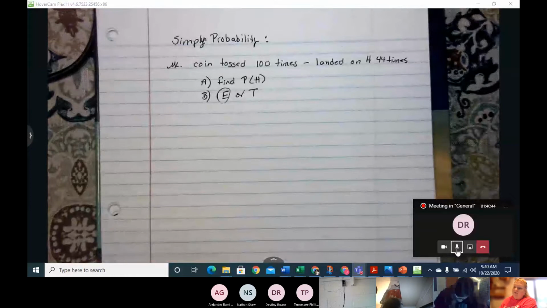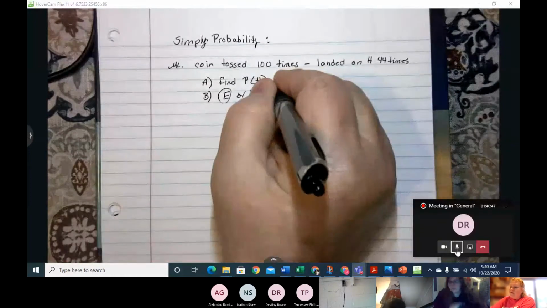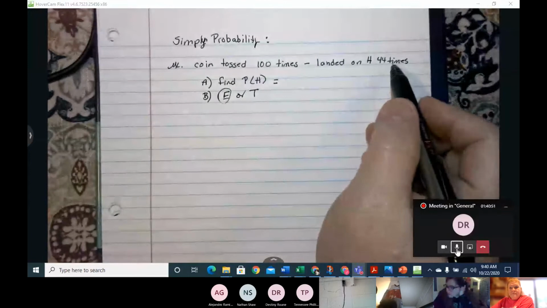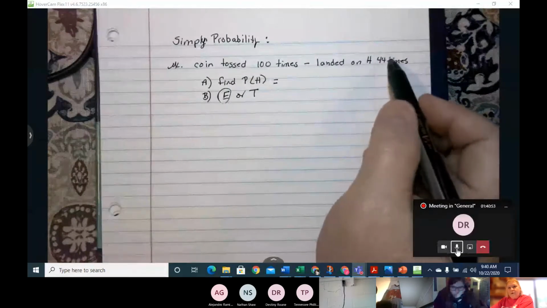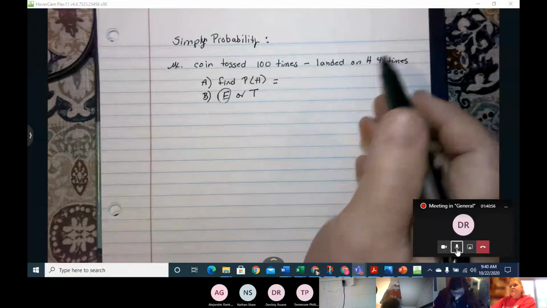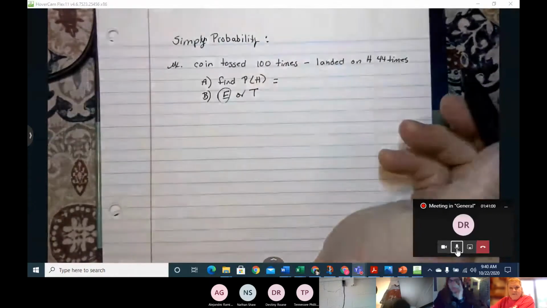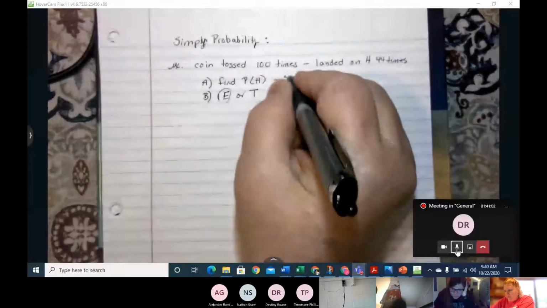Now, how do we actually find the probability? We look at how many times did the head occur. It occurred 44 times. What was the total for the probability? It was 100.